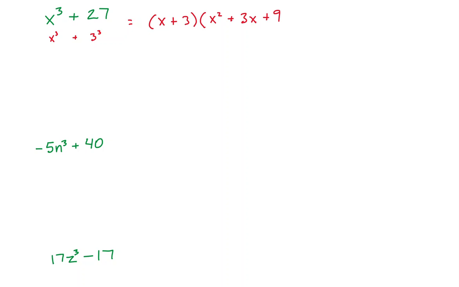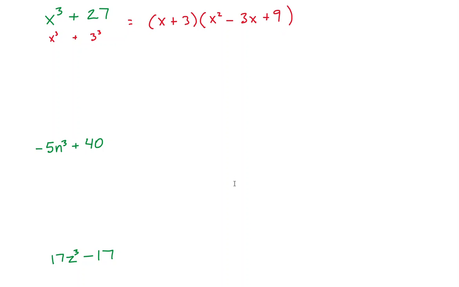Oops, I messed up. What did I forget? If it's x cubed plus 3 cubed, then the binomial factor is x plus 3. But the trinomial factor has a minus sign in the first term.